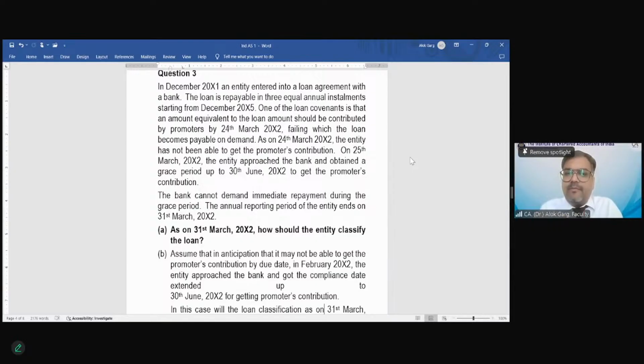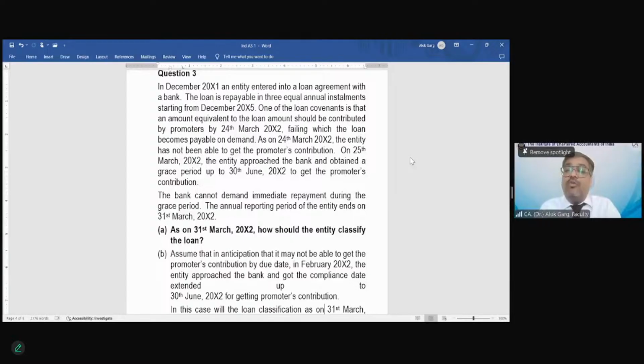So on 31st March 20x2, tell me whether the company has an unconditional right to defer the settlement after 12 months or not, because they have not breached. The compliance date itself has moved ahead, they have not made any breach, so they are still compliant.